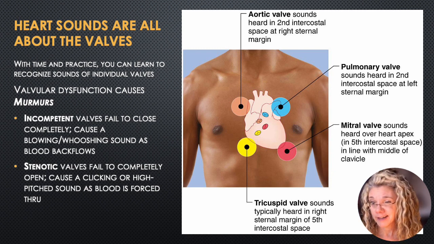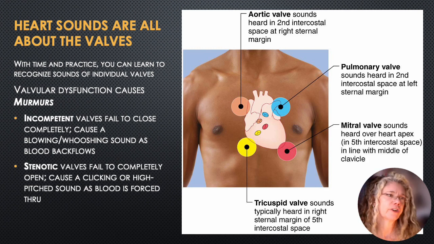Because when they're not working properly, they are either incompetent or stenotic, and they're going to make a funny sound, and we call those funny sounds murmurs. Okay, so what does it mean to be an incompetent valve, right? An incompetent valve won't close all the way. It doesn't close completely.